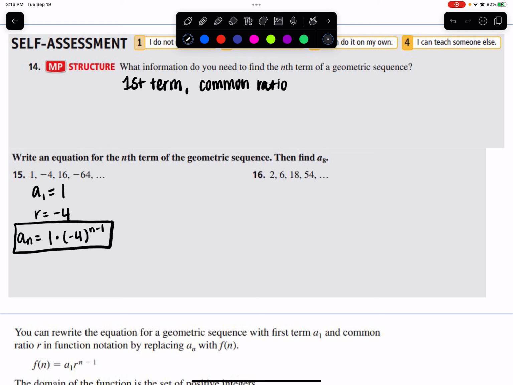That is up to you. So to find a sub 8, I'm plugging in 8 for n, so -4 to the 8 minus 1 power is -4 to the 7th power. If I raise -4 to the 7th power, I'm going to get -16,384.